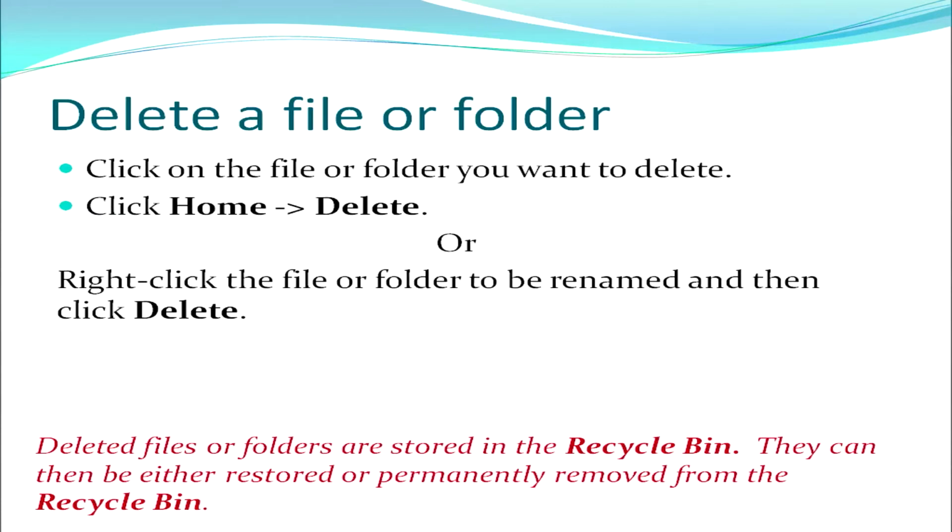They are basically stored in a folder called recycle bin. From there, you can either restore them or permanently remove them. So, it comes to our rescue when we have accidentally deleted a file. We can go to the recycle bin and restore it, or if you feel that it is actually not needed, you can permanently remove it from the recycle bin.